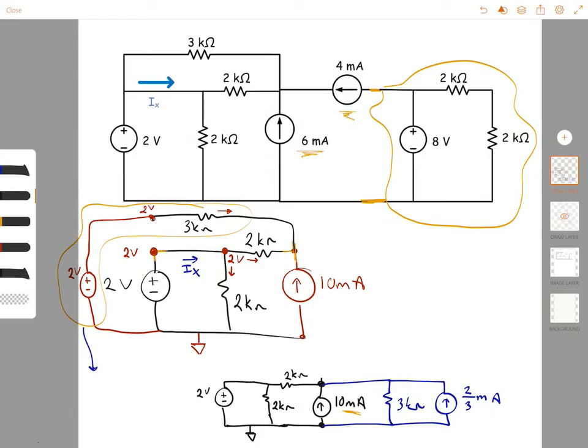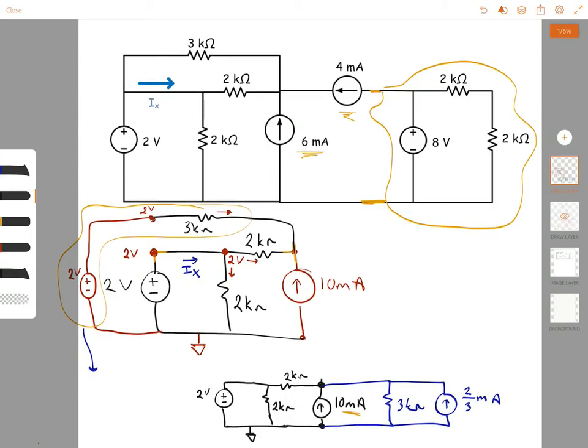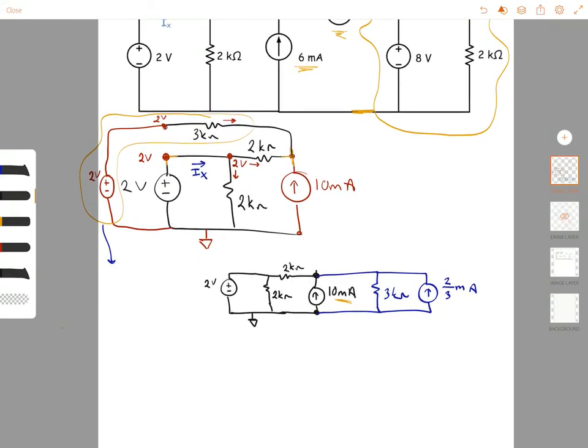Now it's easier to visualize this. Now I have a 10 milliamp and a 2/3 milliamp current supplies that are parallel to each other. I can combine those two to a single current supply. So these two give me a current supply value of 10 milliamps plus 2 milliamps over 3.